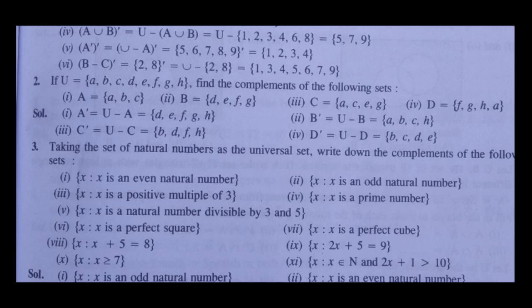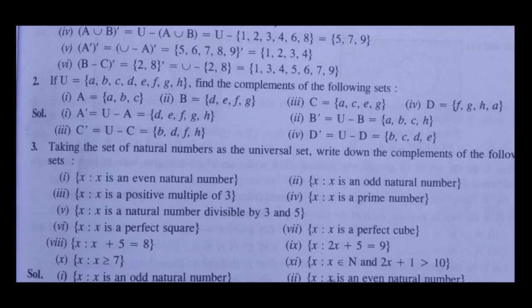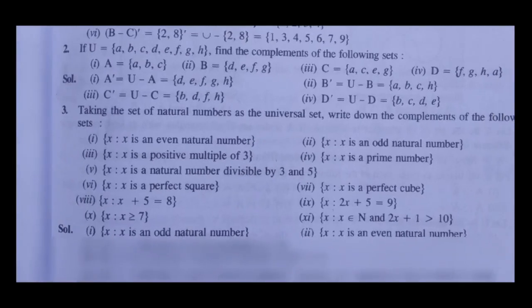The complement of A here is D, E, F, G, H, and the complement of B is A, B, C, H, and the complement of C is B, D, F, H, and the complement of D is B, C, D, and E. And in the same way you will solve question number third.